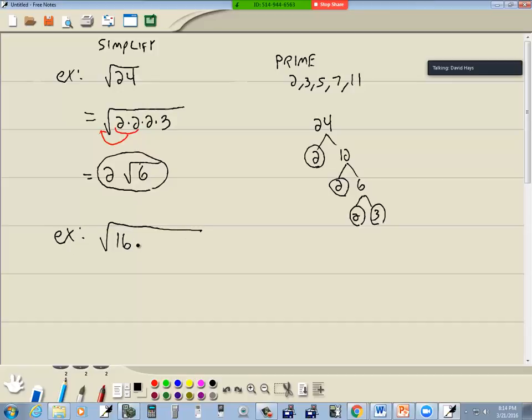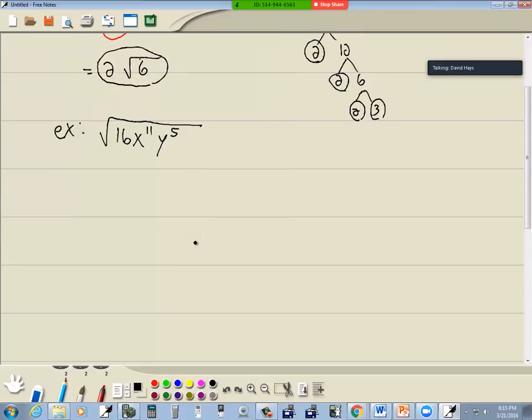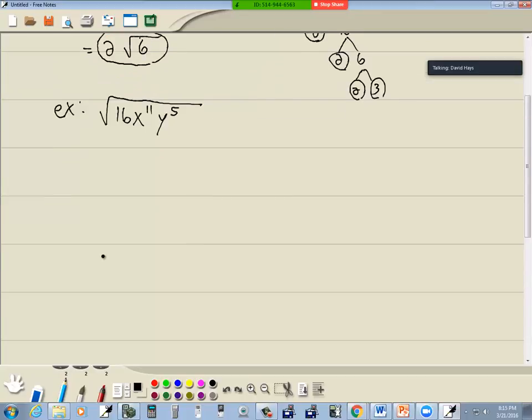Now let's look at the square root of 16 x to the 11th, y to the 5th. First I'm going to do this the hard way, and then I'll talk about the shortcut. 16 is 2 times 2 times 2 times 2.